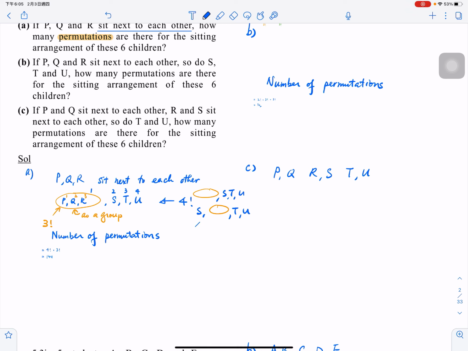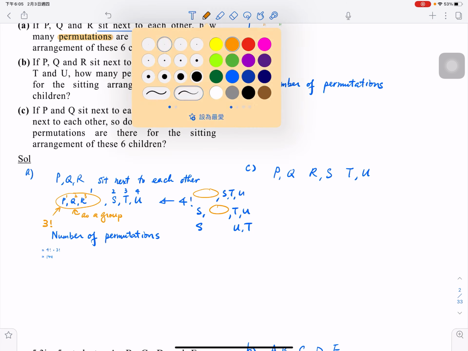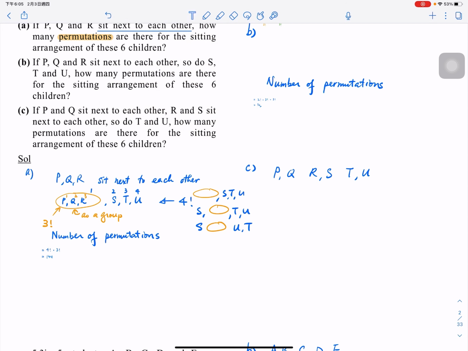S and then UT, right? More and more, then you find that it is very difficult to find out all by writing down all of them. So remember this one, that means 4 factorial.